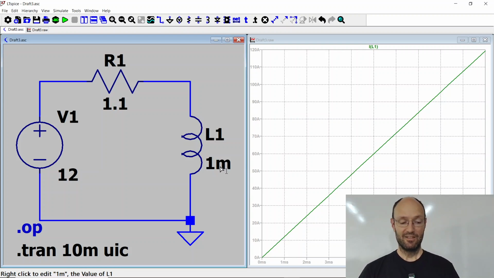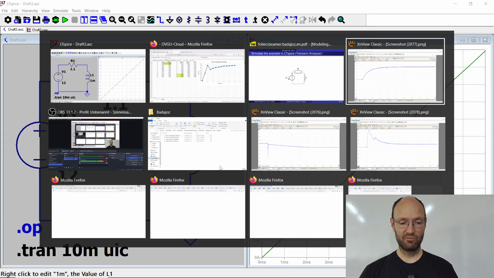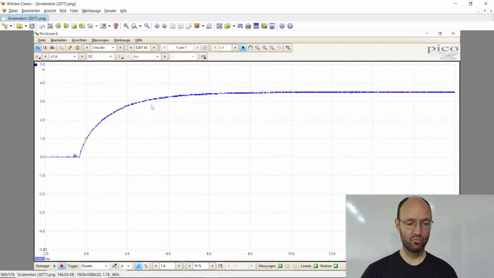And then remember, I did this measurement when switching on the blocked motor, and I think I had something like 4 volts at the source. And then we would get something between 3 and 4 ampere of current. And this was also happening in the range of 20 milliseconds, right?